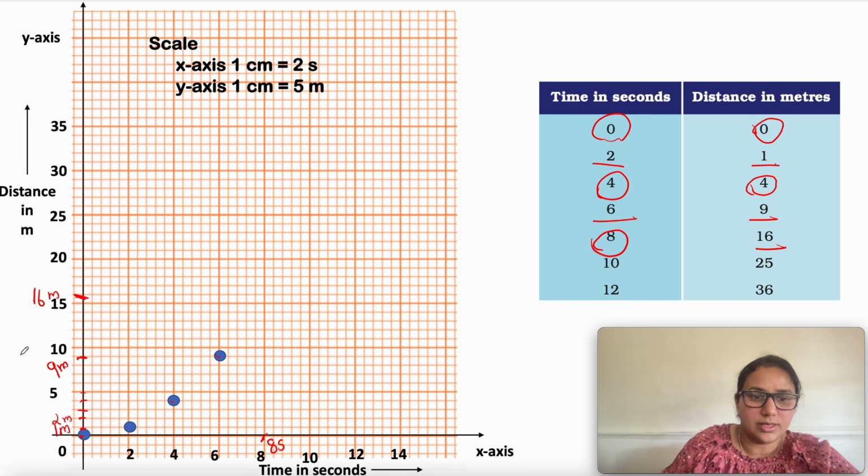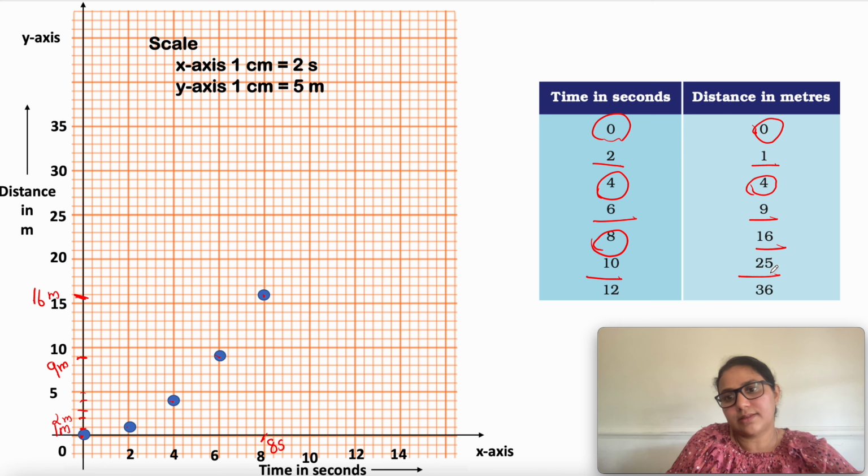So the next point, draw these two lines where these two will meet, so you get a point here. Next is for 10 seconds, the distance covered is 25 meter, so 10 seconds is here, and 25 meters, so you can directly plot the point here.